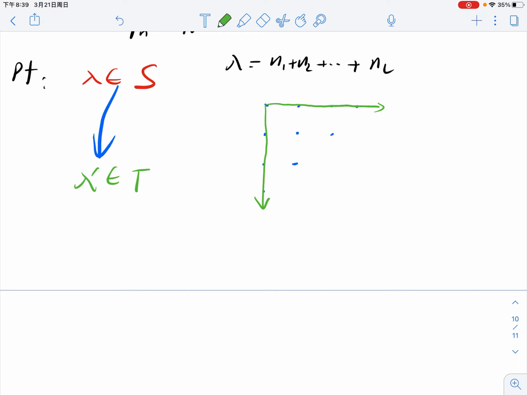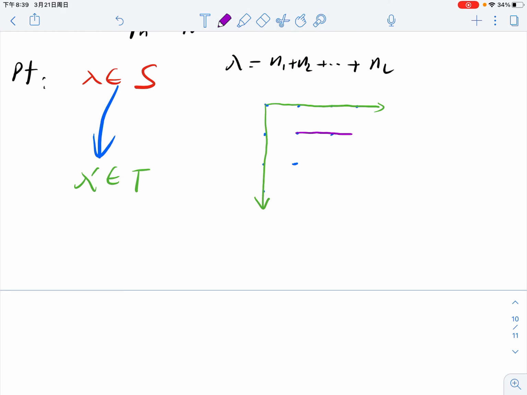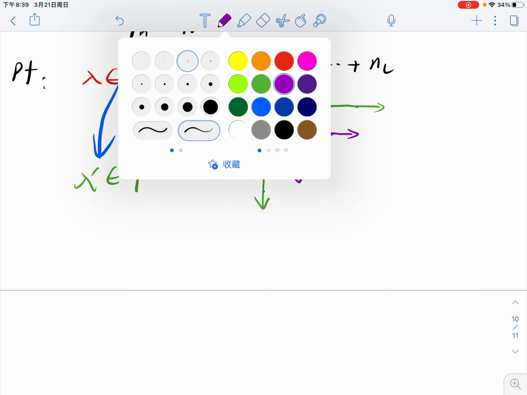We look at the first row and the first column and count the total dots in those positions. And then we count for the remaining part. We also do a similar procedure.